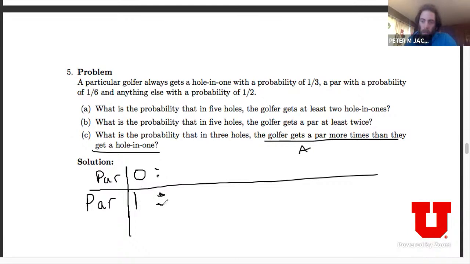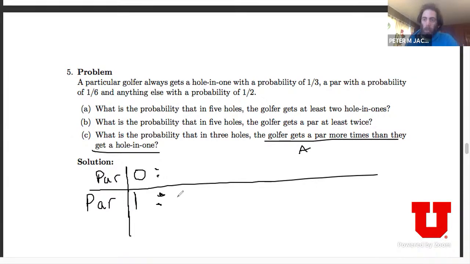In this case, how many ways can they get more pars than holes in 1? So there's only one way this can happen now, and that would be the case that, yes, that's right, William, that they got no holes in 1.